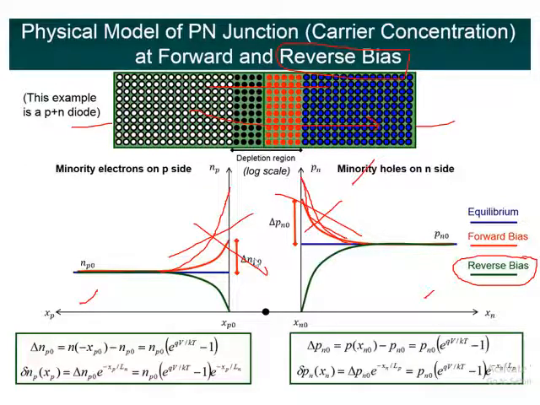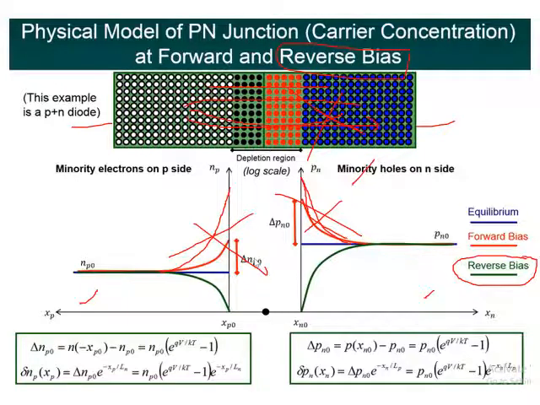The carriers flowing from P to N and the carriers flowing from N to P, that is holes and electrons, will stop flowing. Yes, they will stop their movements.